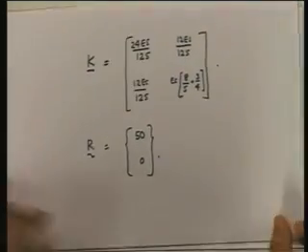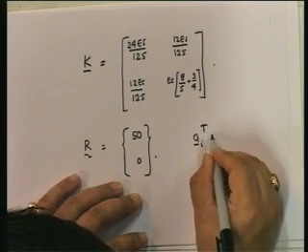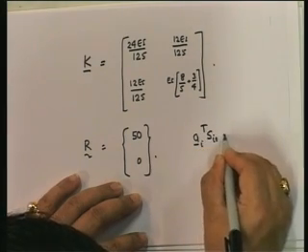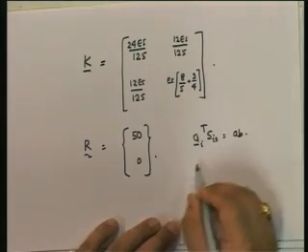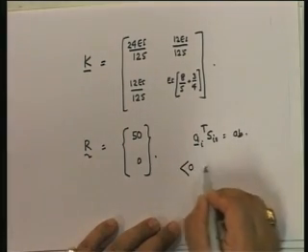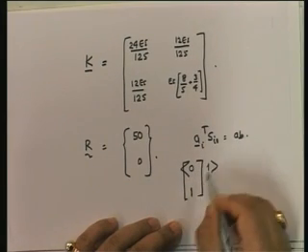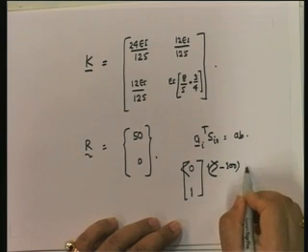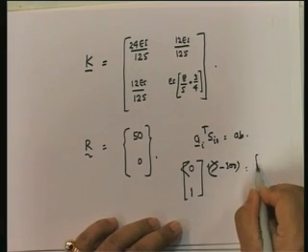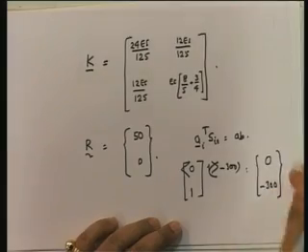The Ai transpose into S_i0 is only there for AB, so it is 0, 1 into minus 300, which is 0, minus 300.